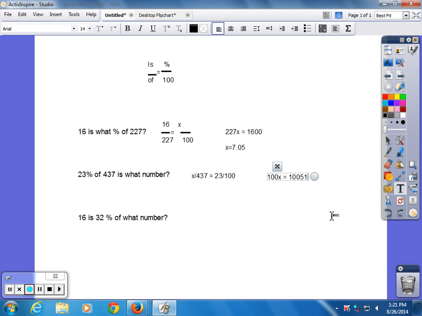Now, please don't use a calculator for the next step because then people will laugh at you. X is equal to 100 point what? So 23% of 437 is 100.51. And the last one.